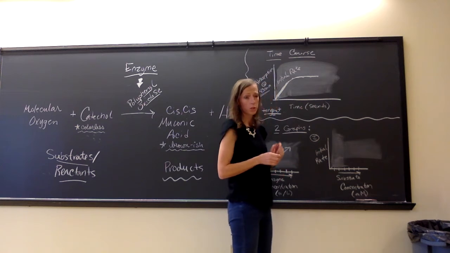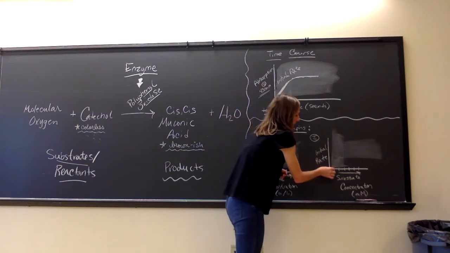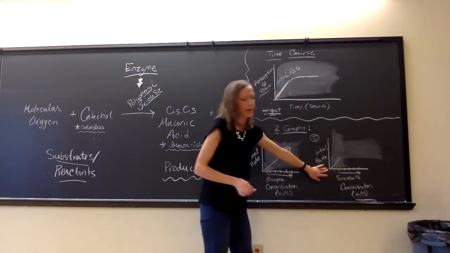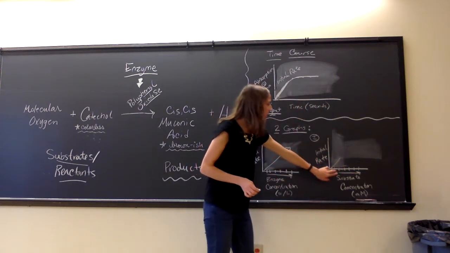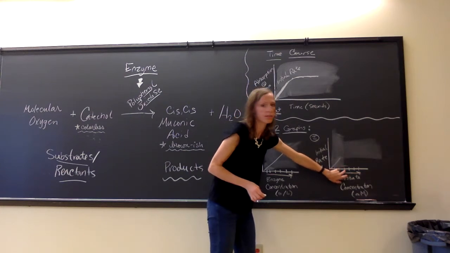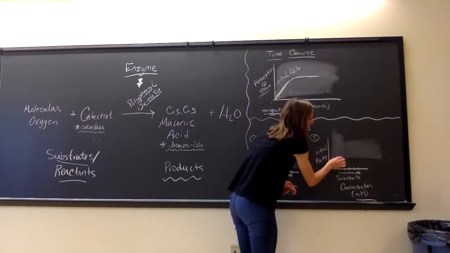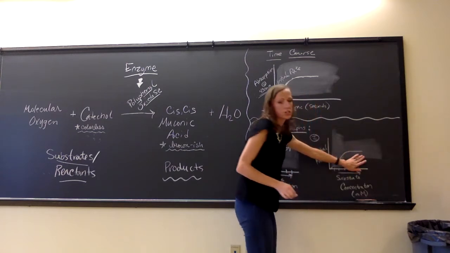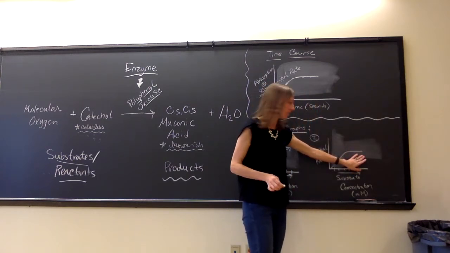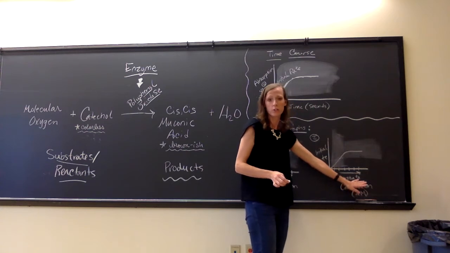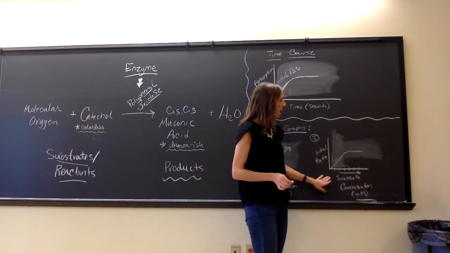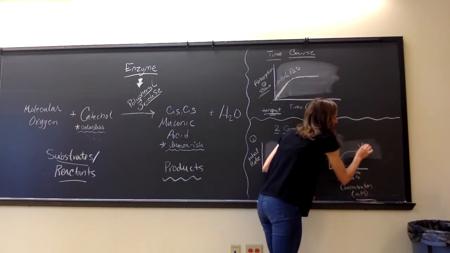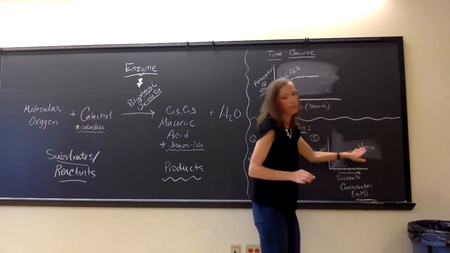What you hopefully will see is that the data takes on a slightly different appearance, where you do see an increase in your initial rate with increasing substrate concentrations up to a point where you start to see that the rate of the reaction levels off, despite the fact that you might still be increasing your substrate concentration. Okay, and that point where it starts to level off, we call Vmax, or maximum velocity.